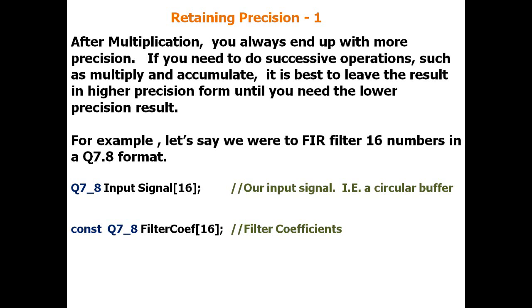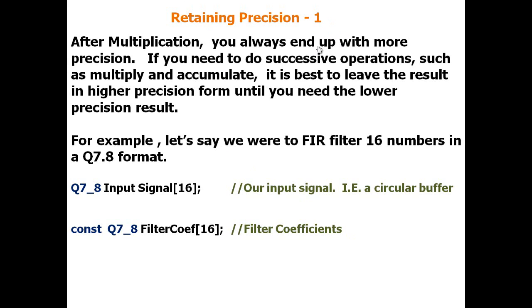This is actually a big deal in doing filters. Whenever you do a digital filter, we want to avoid any error in the intermediate calculation. So why not use the higher precision result until we absolutely don't need it anymore. So I'm going to look at an FIR filter. This is kind of like a pseudo FIR.